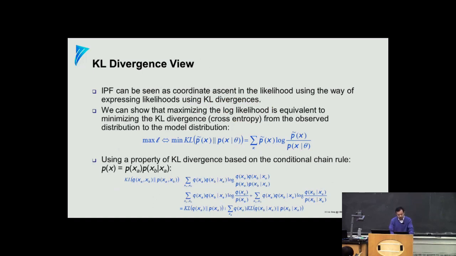So what is happening just now can be understood using another KL divergence argument, which we're going to use a lot in our future study of, say, variational inference and other deep learning techniques. So I'm going to introduce a story here a little bit earlier.